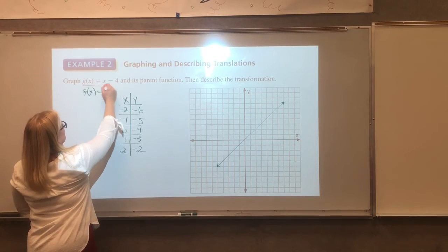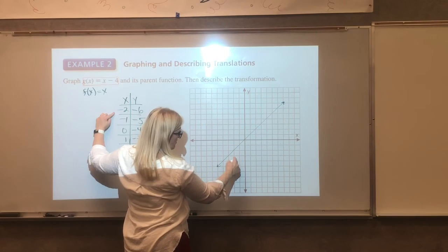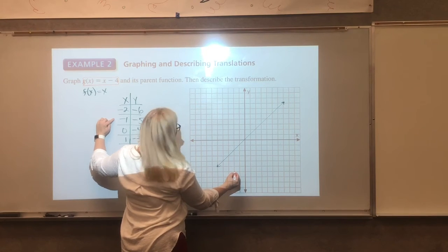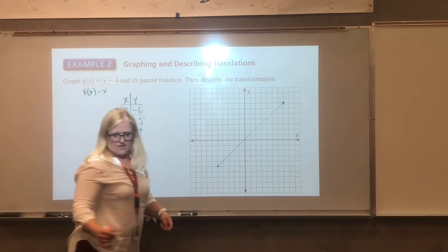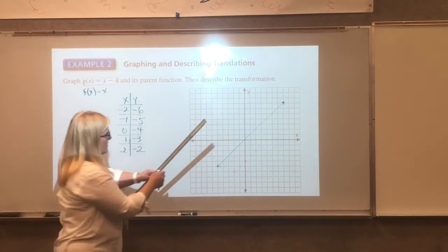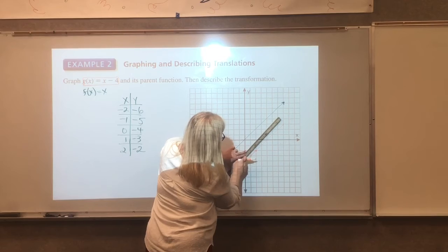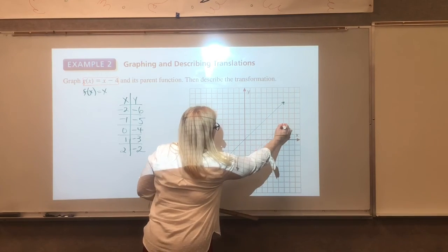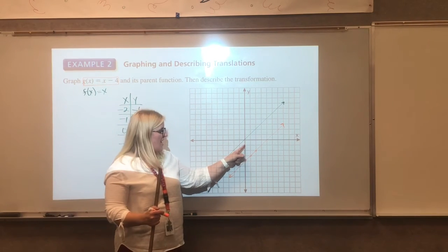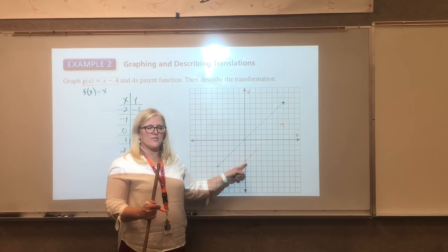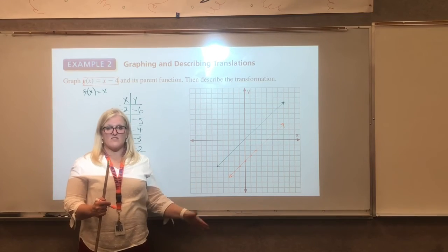So -2, -6, -1, -5 is going to be there, and there, and there, and there. So if I connect that, then I have another line that has just been moved down 1, 2, 3, 4 units. So I've got my parent function, and x - 4 is just the same thing, it's just been moved down.